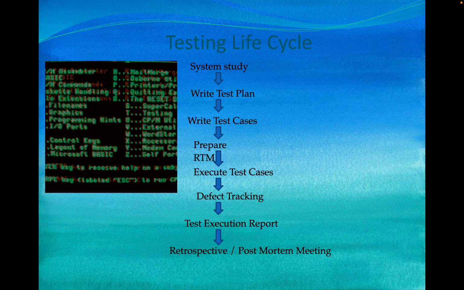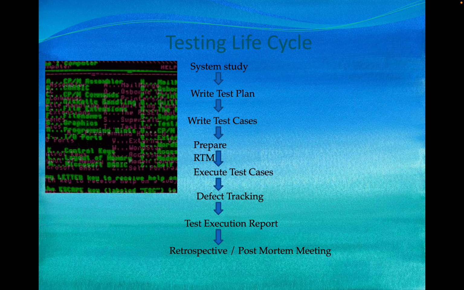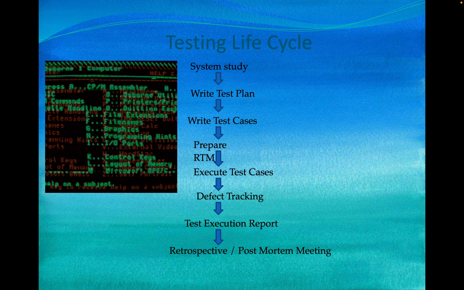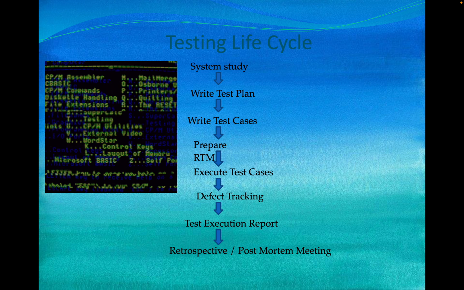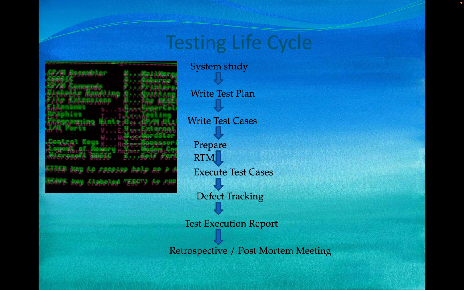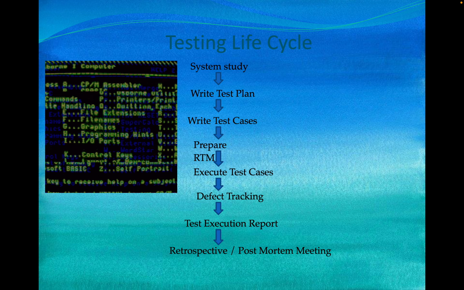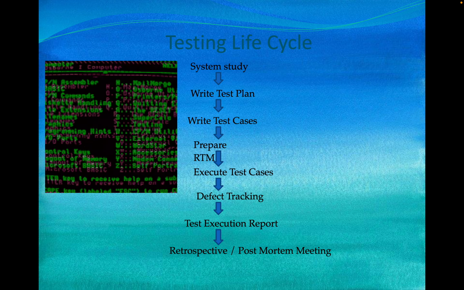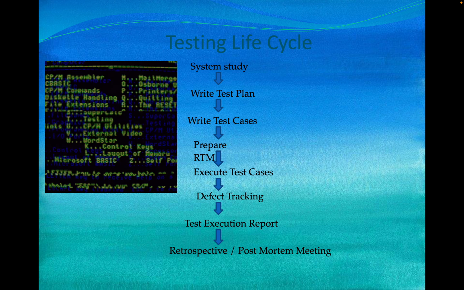Now we can see the testing life cycle. When you see the flow chart, you can see what the testing life cycle process involves. First we have to do the system study. After completion of the software and after the traceable white box testing is done, we follow the black box testing.